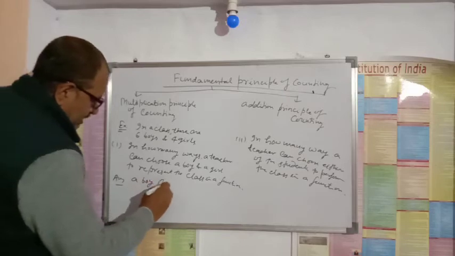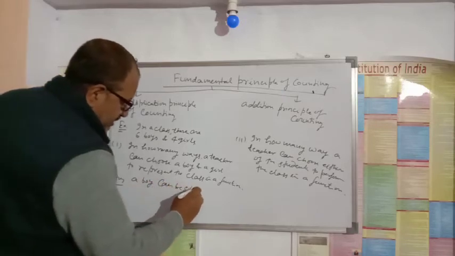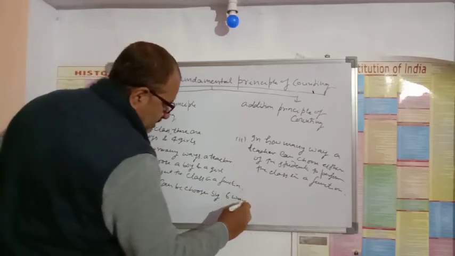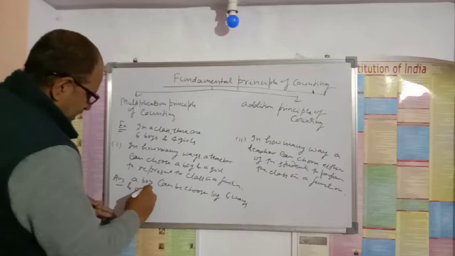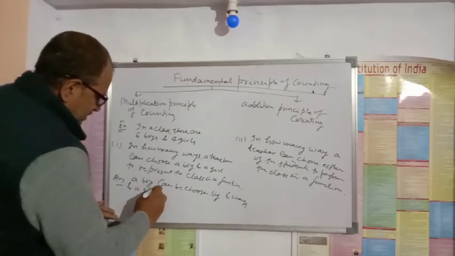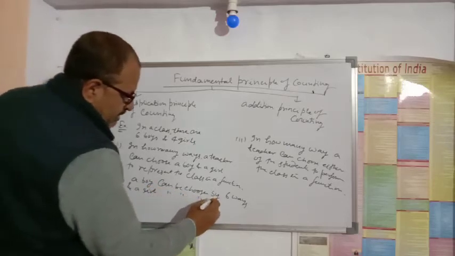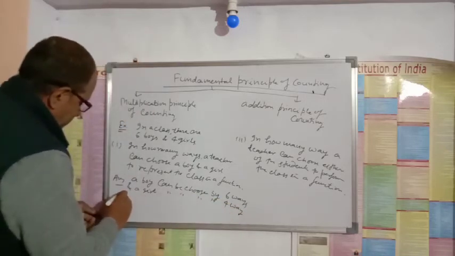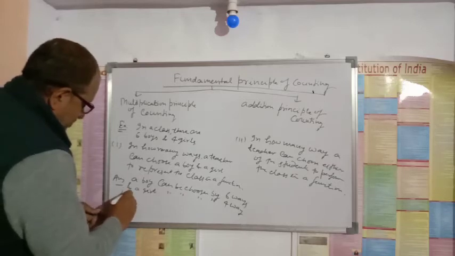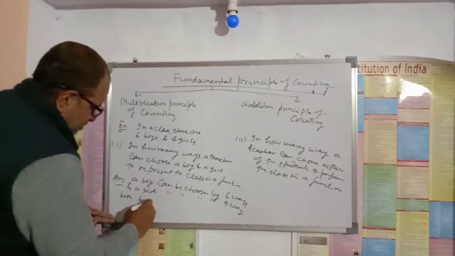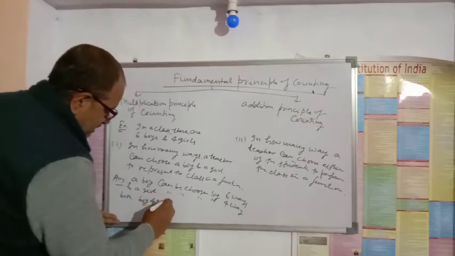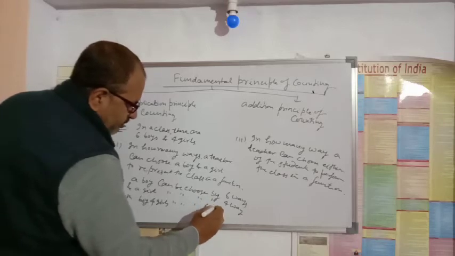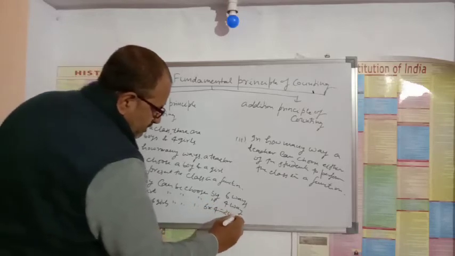So a boy can be chosen by 6 ways and a girl can be chosen by 4 ways. Both boy and girls can be chosen by 6 into 4 means 24 ways.